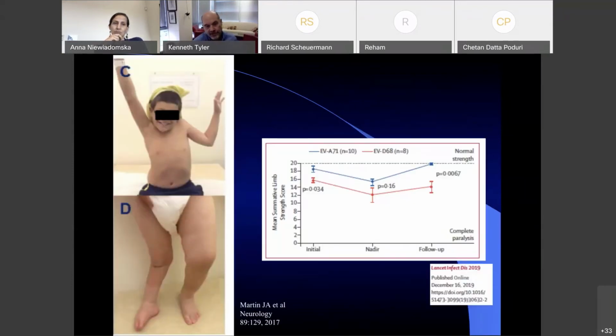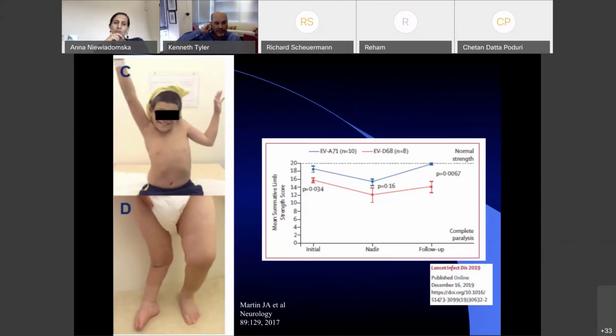Just look at the left-hand side of this slide. If you look at panel D there, that was again at about a year, a young boy who was affected by this, and you can see the profound atrophy in his right leg muscles compared to the more normal-looking left ones.